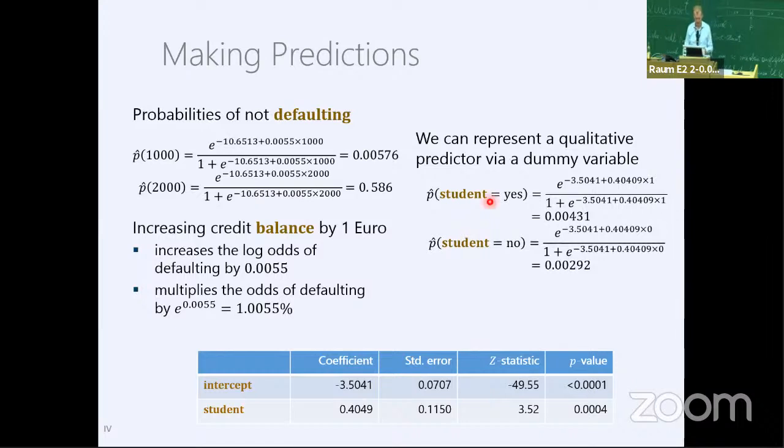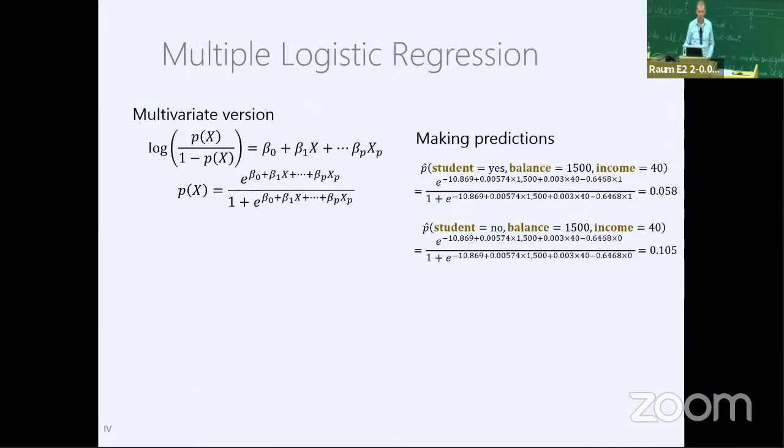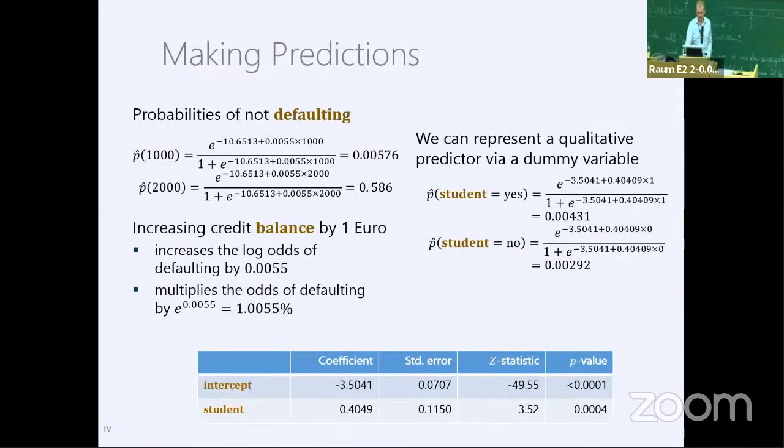And as you see, for student yes, 0.00431 and for student no, 0.00429. This is not really good news for you. You're not going to get money. So we can plug it in. And actually the question where we want to go is this already. Oh, somehow it fell off the slide, quite literally, I think.